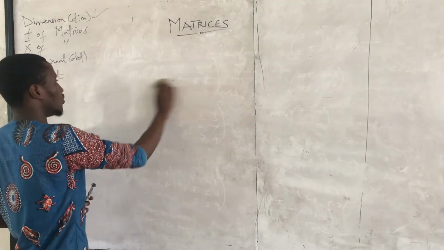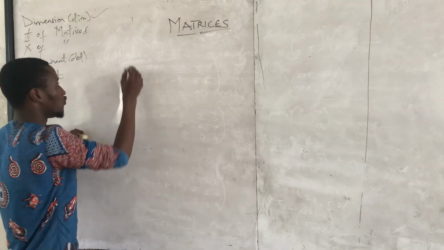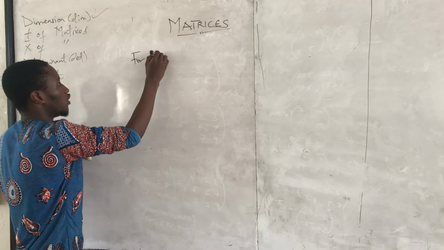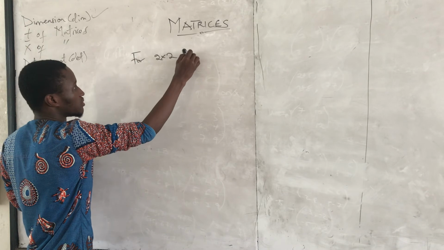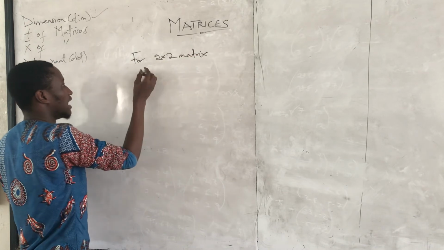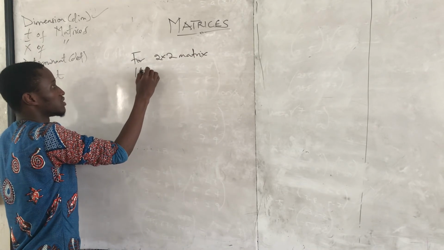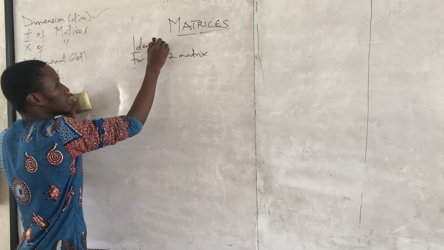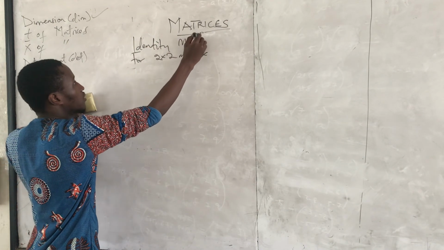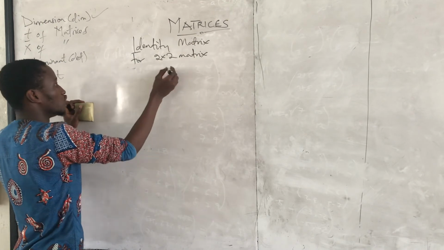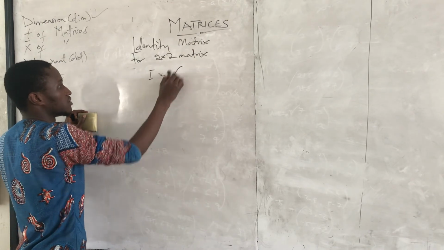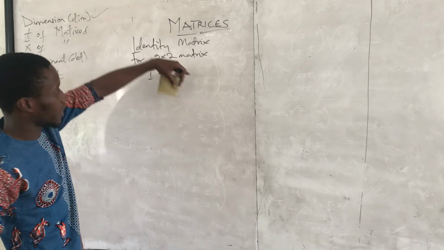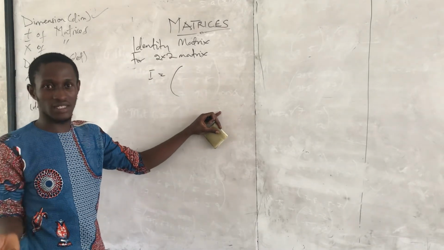So in matrices too, you have the identity matrix. So for a 2 by 2 matrix, the identity matrix I has diagonals of 1, then the rest of the entries will be 0.